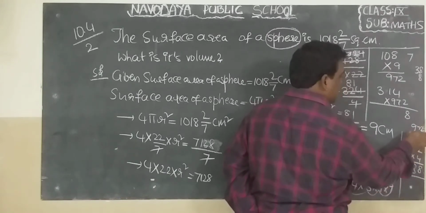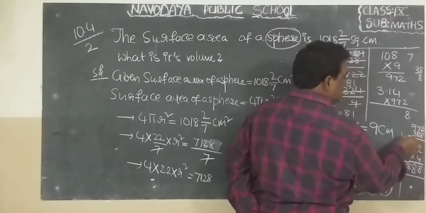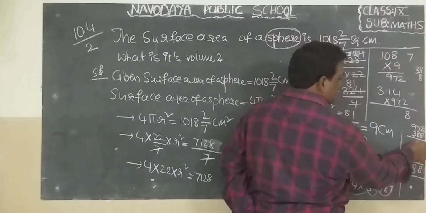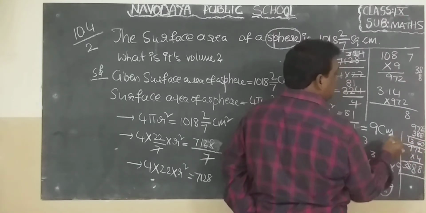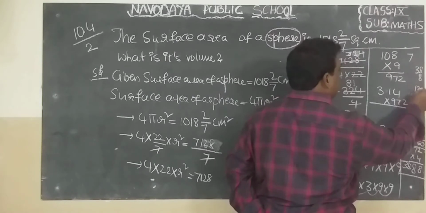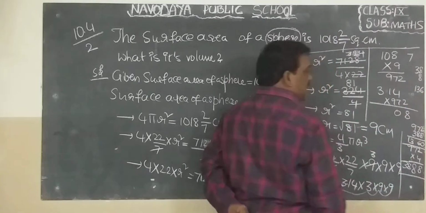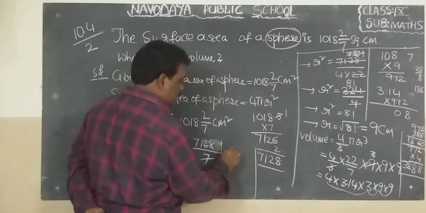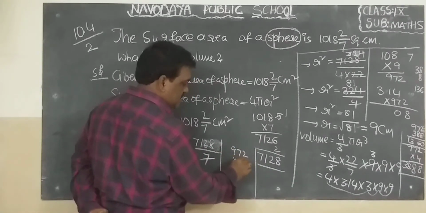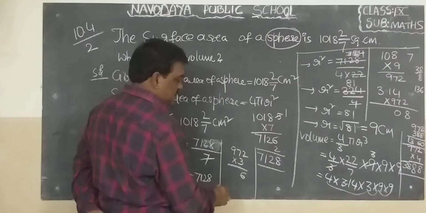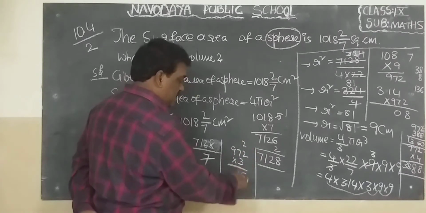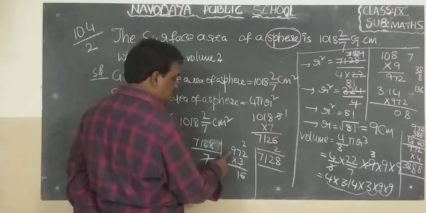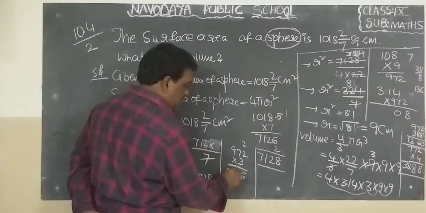972 plus 388. How much? 1360. 972 into 3. How much? 3 2s are 6. 3 7s are 21. 3 9s are 27, 29.